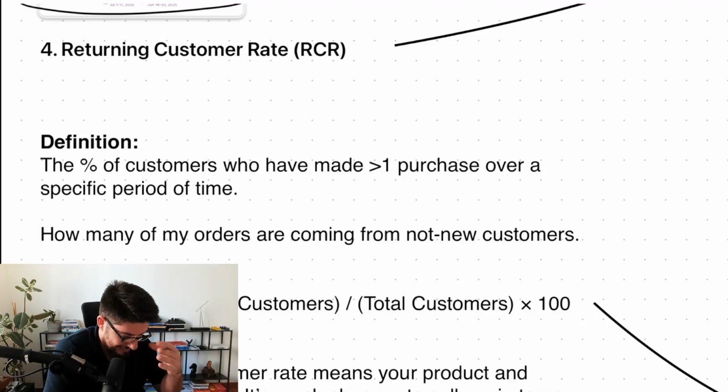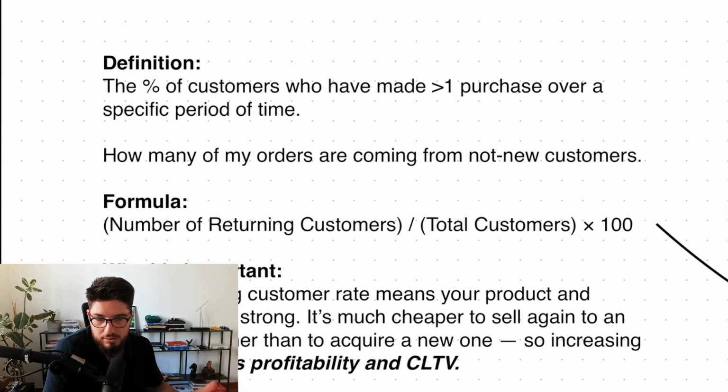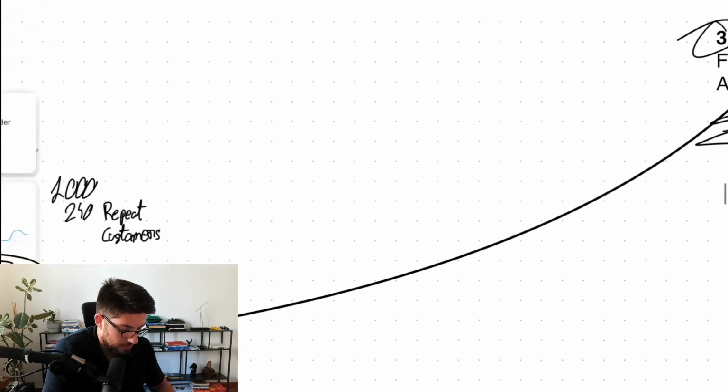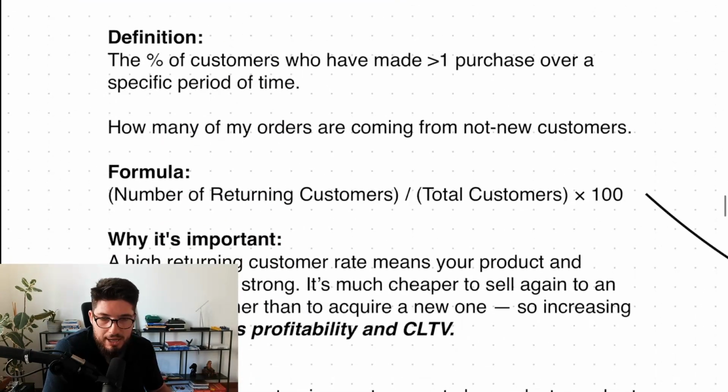So that's that. In terms of the formula, number of returning customers divided by total customers times 100. So you've got it right there. If you want to have the percentage, you do that. But basically, 1,000 orders total, 240 from repeat customers, make the formula, and you've got it, okay?